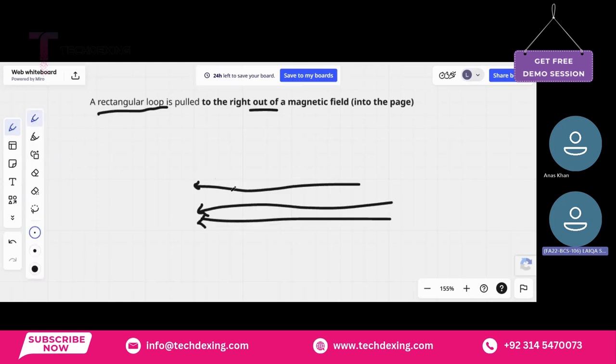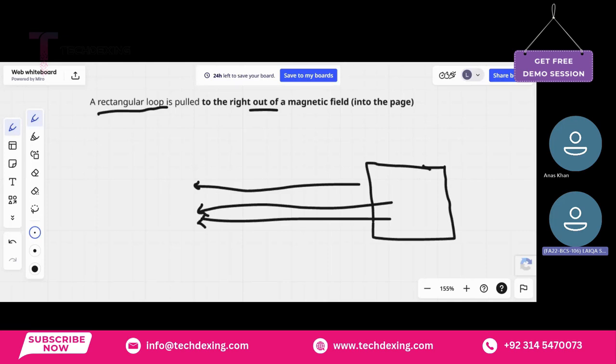Previously it was placed at this point, but after that I started moving it away, and after some time I move it over here. It means that I have moved it away from the magnetic field which was going into the page. So the flux will decrease because I am moving it away from the magnetic field.